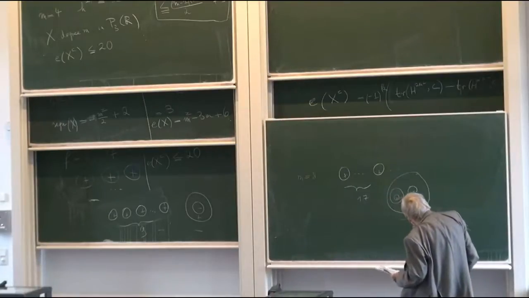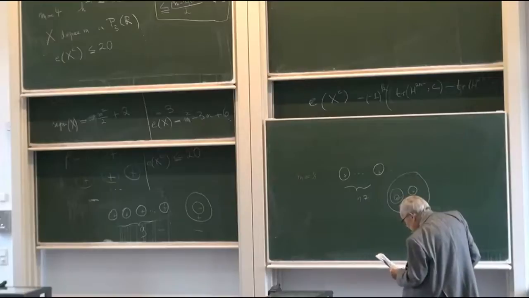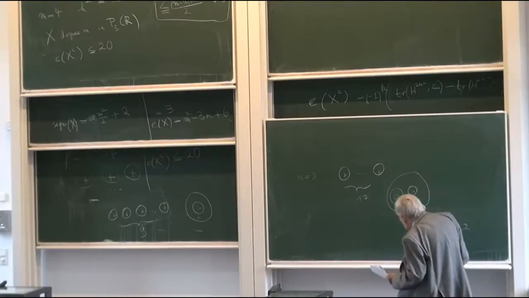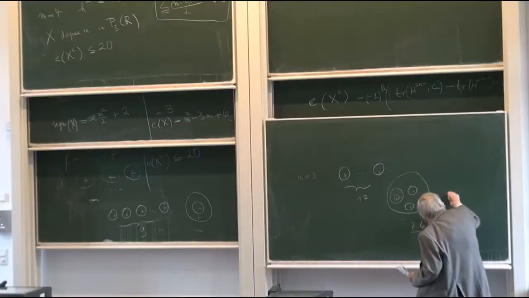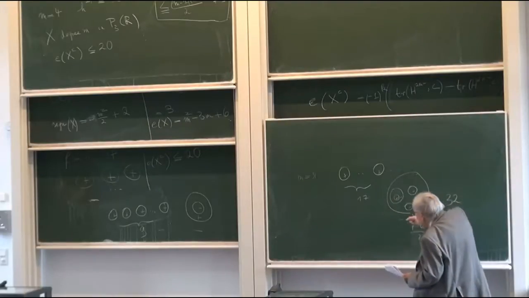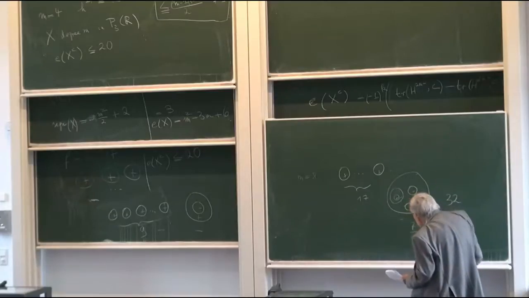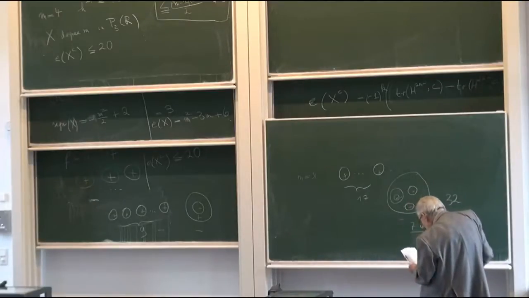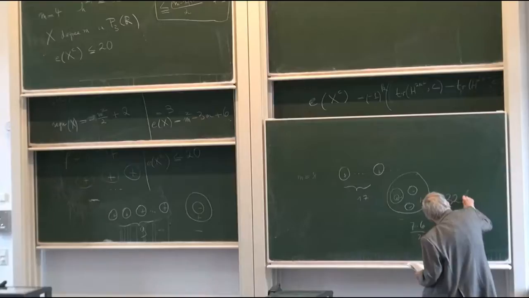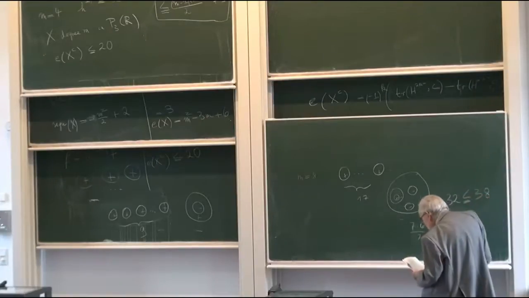And if you calculate the Euler number, it will be 32. And the h11 limit is 38. So it's still not the best.